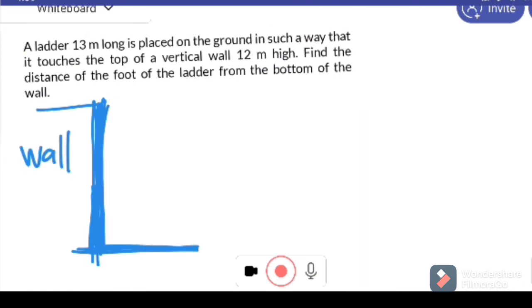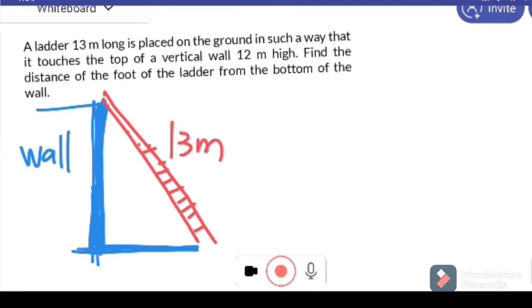Okay, so this is the ladder, 13-meter long. And the wall is 12-meter high. Okay, so the question is this point to the bottom of the wall, which is this point. So this is what we are looking for.